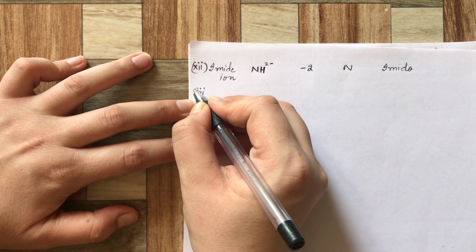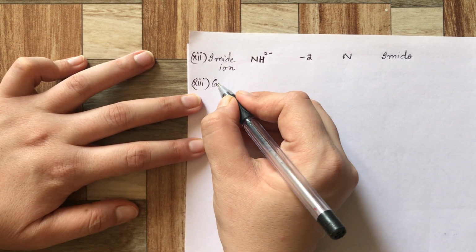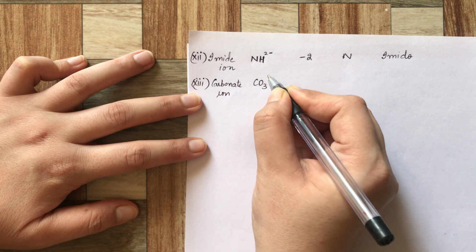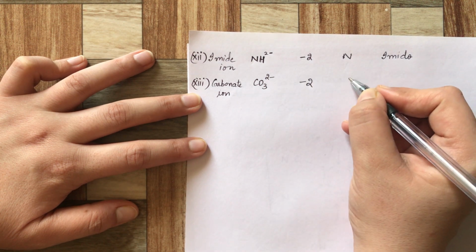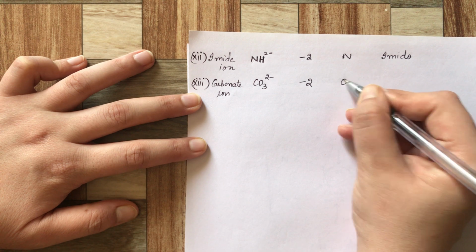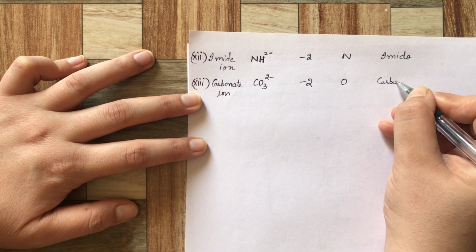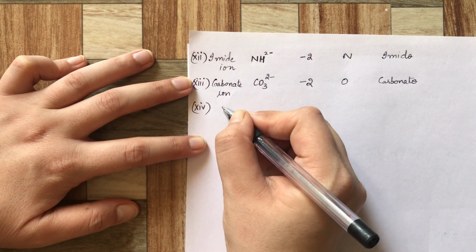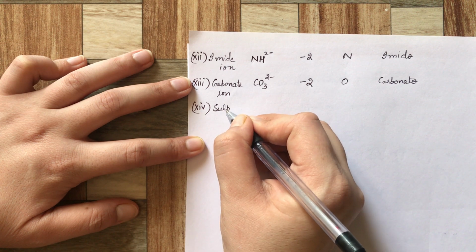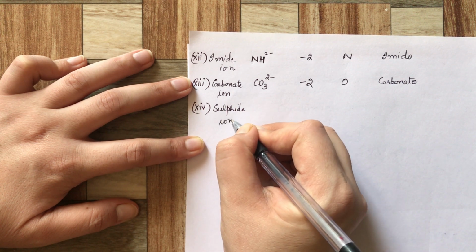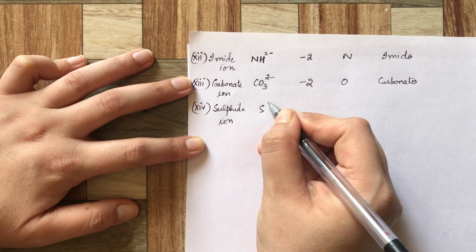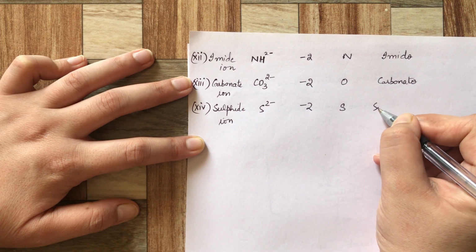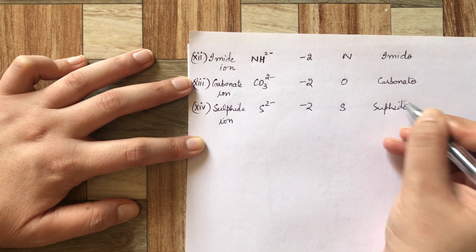Now next we talk about the carbonate ion. Everyone knows what the carbonate ion is: CO3, 2 negative, charge is 2. Here the donor atom is oxygen and it will be called carbonato. Next we talk about the sulfide ion, which is S2 negative, which has minus 2 charge. Sulfur is the donor atom, so it will be called sulfido.